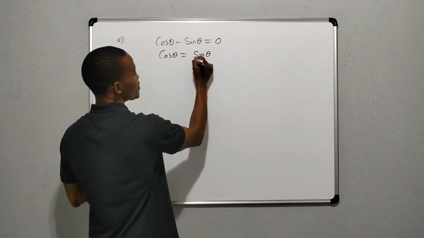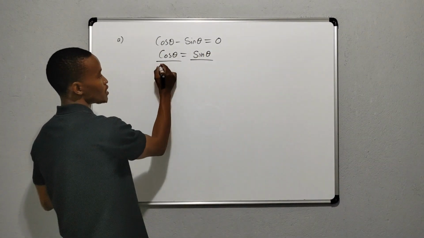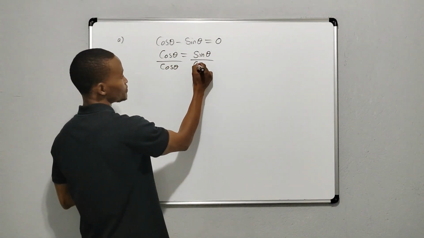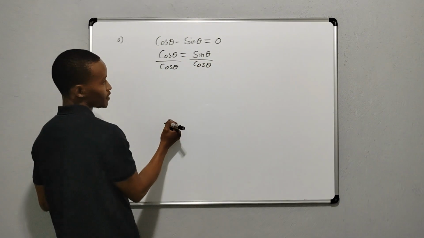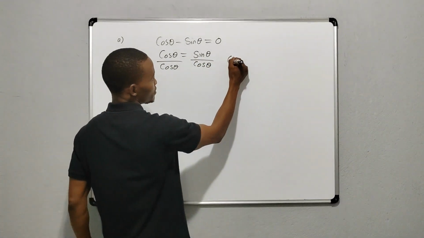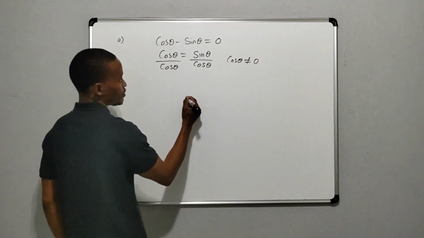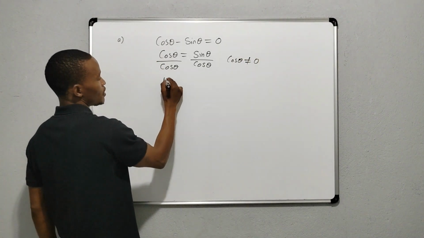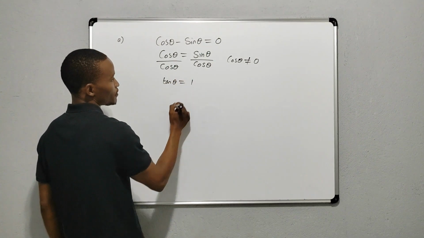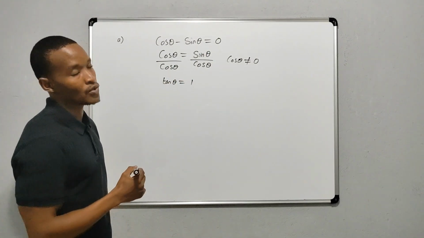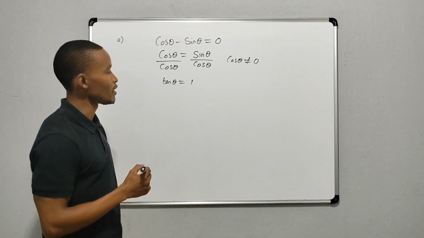So we have this. If we divide both sides by cos theta, okay, and put in the restriction that cos theta is not equal to 0, we know that we have this now. Okay, so that is what we have.